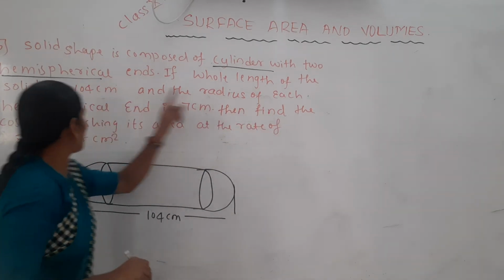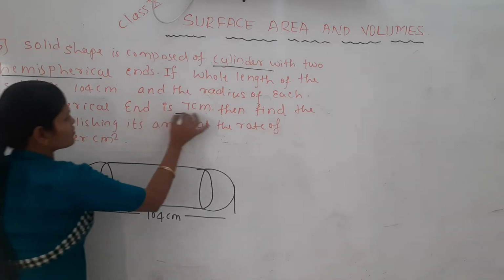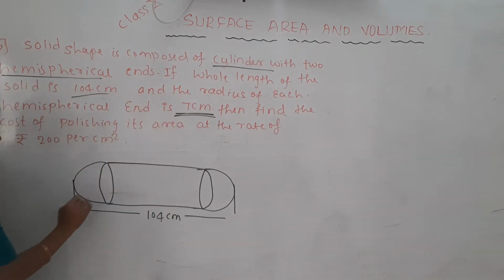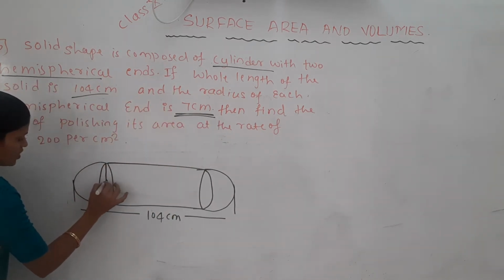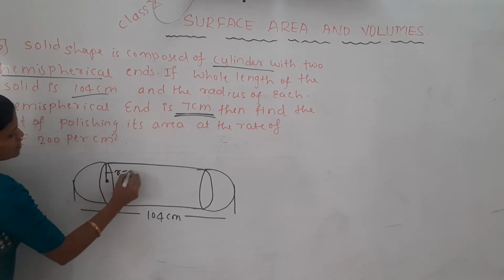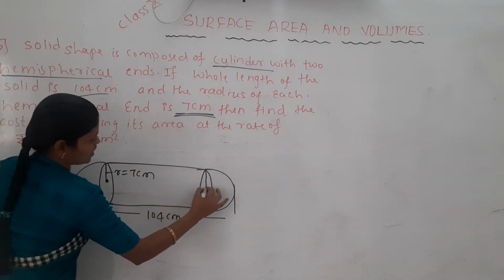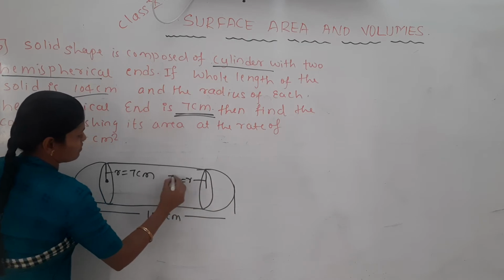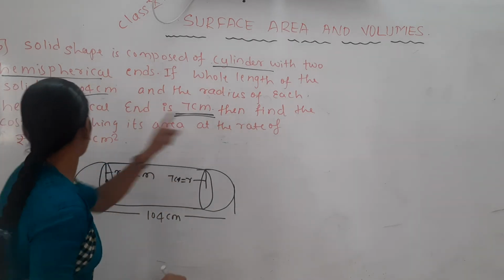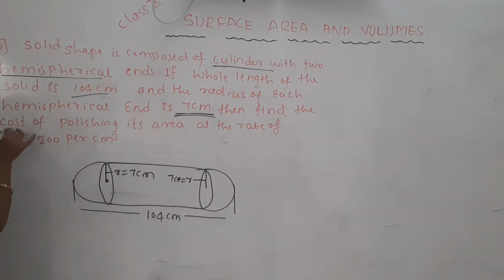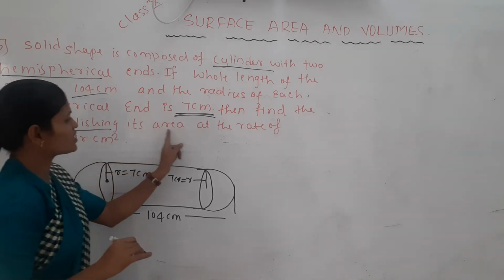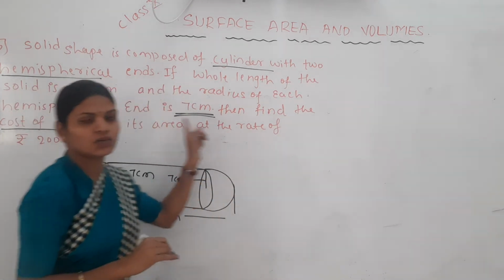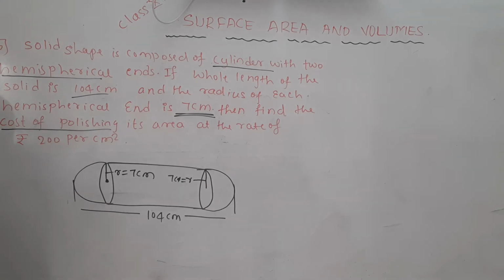And the radius of each hemispherical end is 7 centimeter, for both the hemispherical shapes. Then find the cost of polishing its area at the rate of 200 rupees per centimeter square.